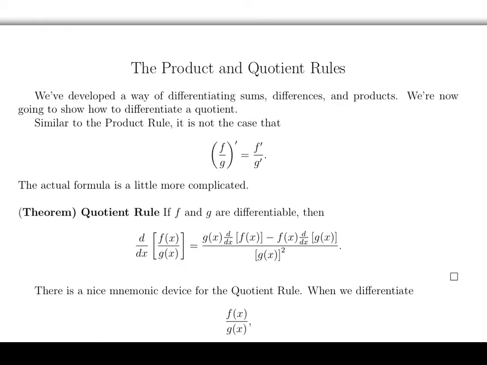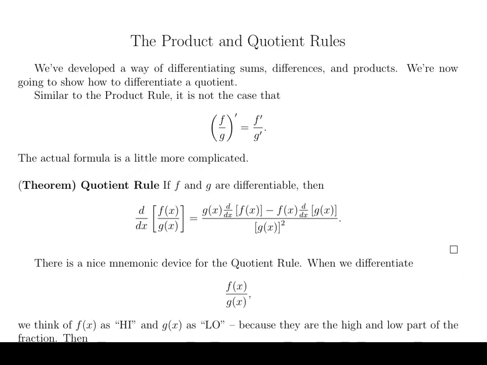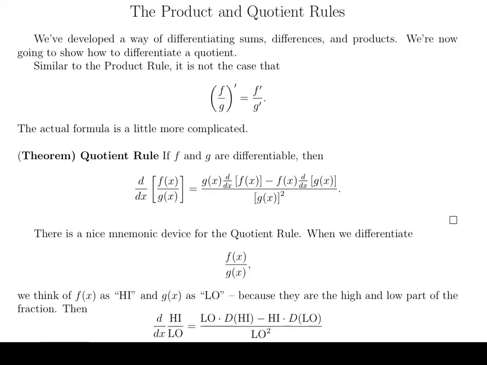So a mnemonic device is just a little memory trick for remembering a formula like this. So let's say you want to differentiate f of x over g of x. Then I'm going to give some names to the parts of the fraction, the f of x and the g of x. So f of x is high, g of x is low, because in the fraction it's the high part and the low part. Then we can rewrite the rule to look like this.